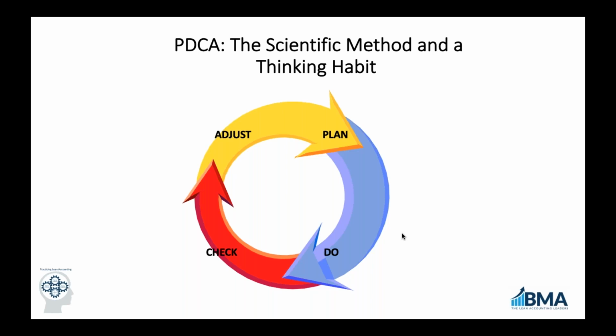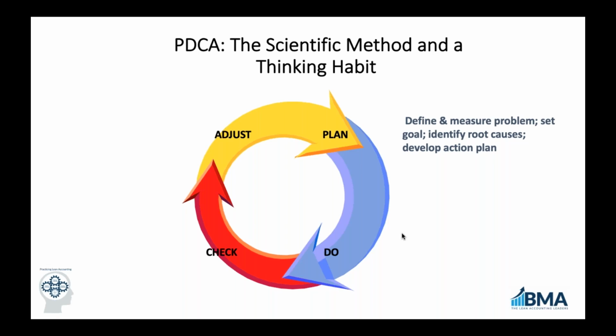And it follows the steps of plan, do, check, adjust, which Deming talked about 50, 60, 70 years ago. So what are the four steps?